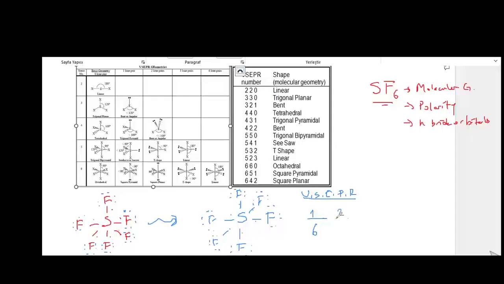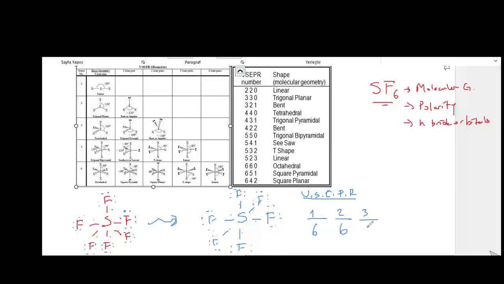So let's find the second code. As you remember, the second code doesn't include all electron domains. The second code needs only the electrons in each bond. That's why, once again, the second code is 6. If you look at the remaining lone electron pairs on the sulfur atom, there are no lone electron pairs.